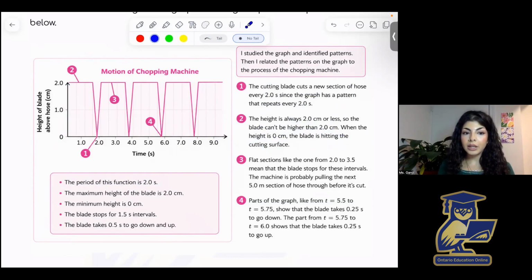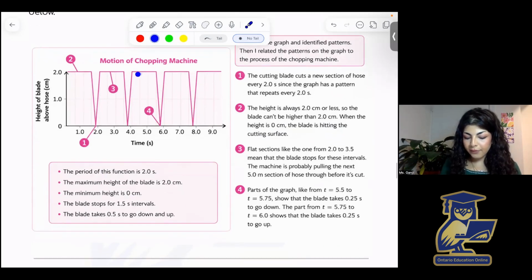So, of course, here we can interpret the maximum and the minimum as 2 centimeters and 0 centimeters. And the interpretation in the context of the problem is at 2 centimeters, the blade is at its top position, and at 0 centimeters, it's down and cutting the hose.